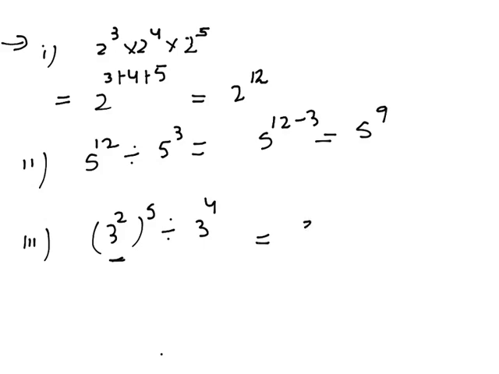So here we will get 3 raised to the power 10 divided by 3 raised to the power 4. Now base same, exponents will get subtracted. So we will get 3 raised to the power 10 minus 4, which gives us 3 raised to the power 6.